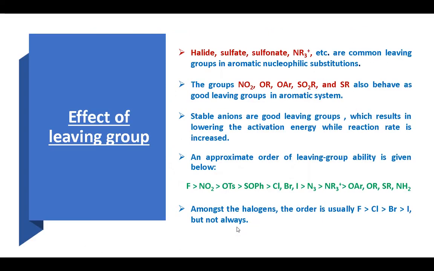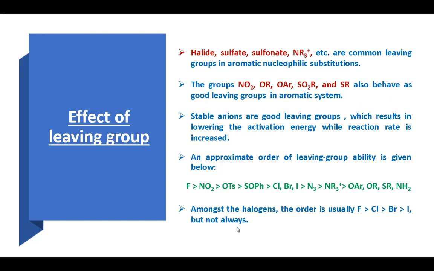Effect of leaving group. Leaving groups like halide, sulfate, sulfonate, and NR3+ are good leaving groups in aliphatic nucleophilic substitution, which are also common leaving groups in aromatic nucleophilic substitutions.